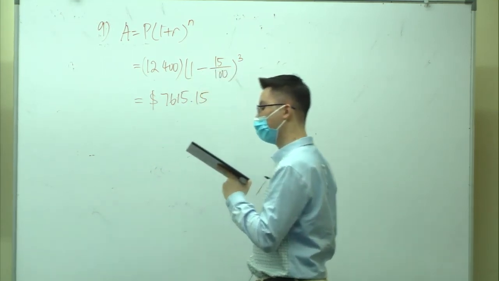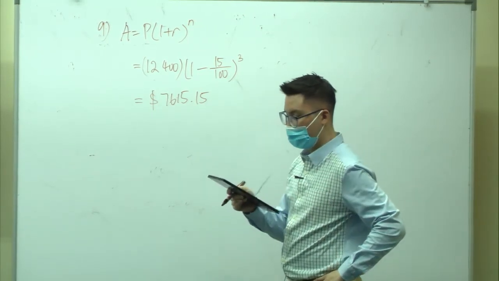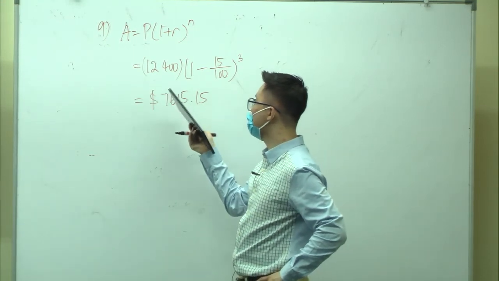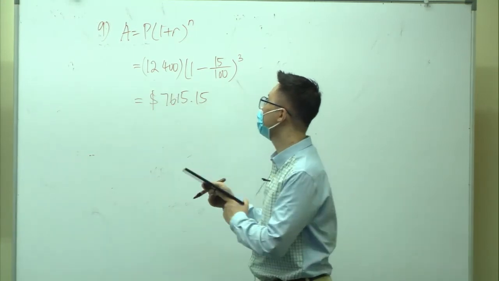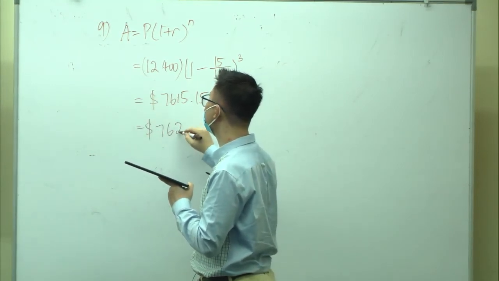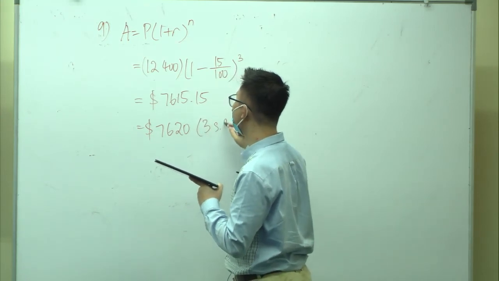I think you can correct this into 3SF. That will be 7620, 3 SF.